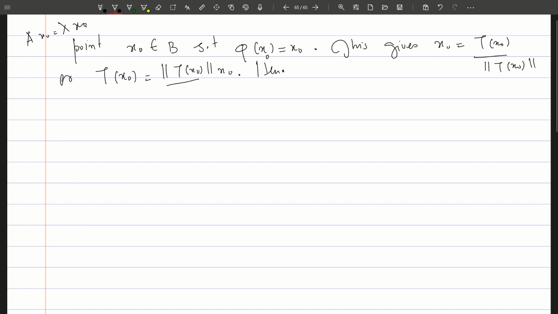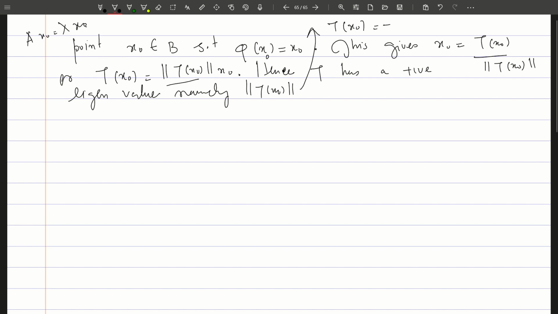Hence T has a positive eigenvalue, namely norm of T of x naught. Now why is this positive? Because every component of the vector T of x naught is positive, so therefore this norm will be a positive real number. So this proves the result.